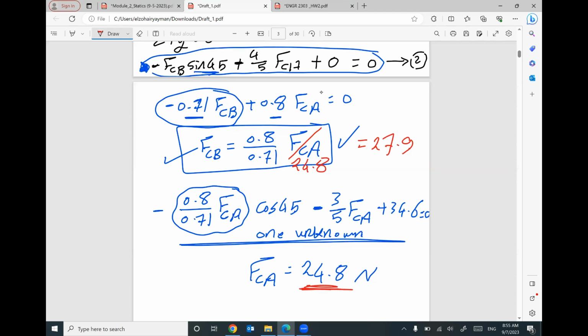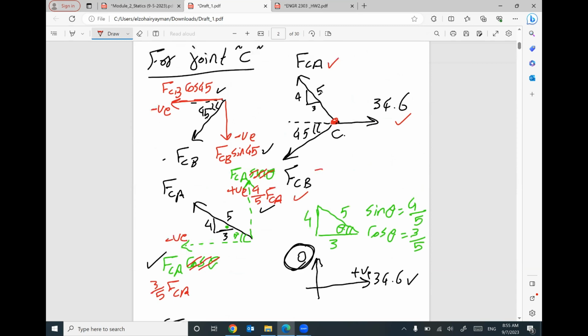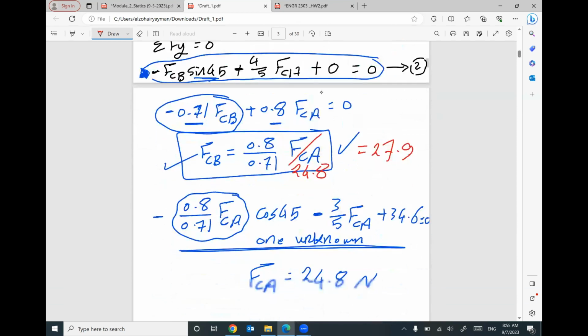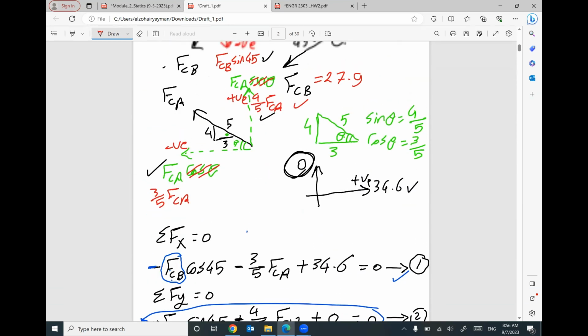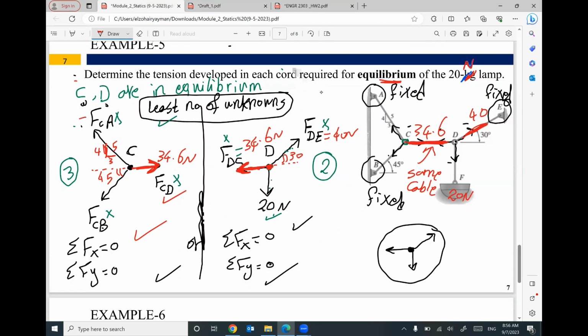So the force FCB equals 27.9, and the force FCA was 24.8. This is your final conclusion: 24.8, 27.9. This is what is required in this problem.